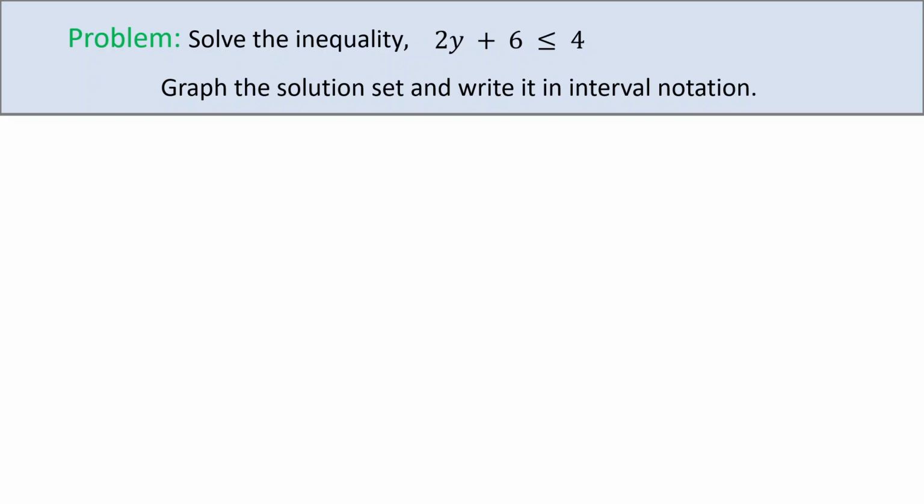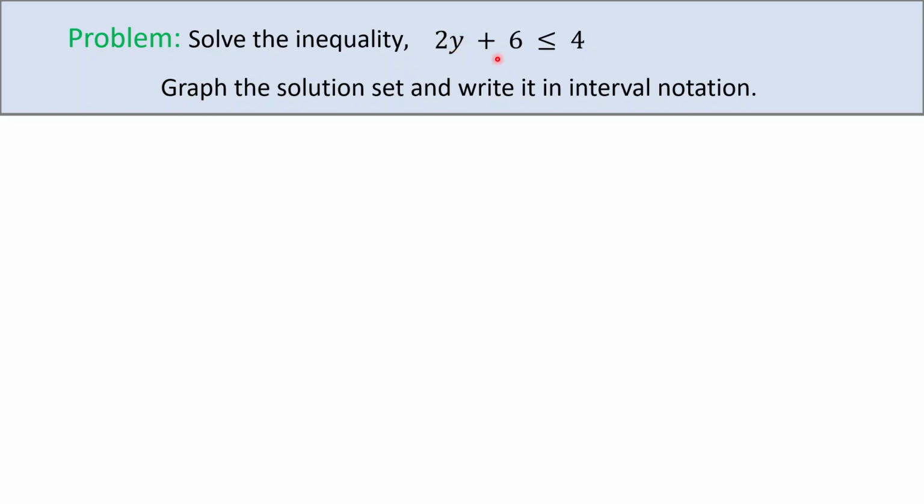Now we are going to do some problems. First, this one. You need to solve this inequality. Then you need to graph the solution set and write the solution in interval notation. Solving means isolating the variable y.